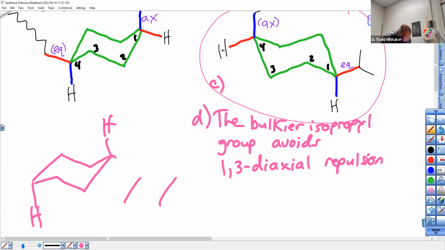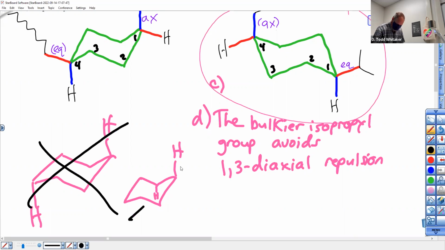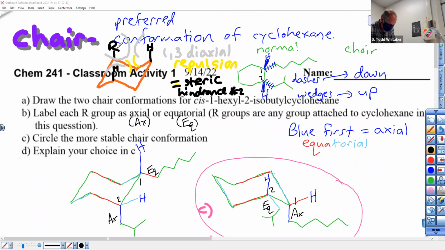That's not a bad thing. Are the equatorials in a bad situation if one is here and one is here? No, they're 180 degrees from each other. 1, 2 diaxial is not a thing. 1, 4 diaxial is not a thing. We talk about the 1, 3 picture because it occurs only when they're on carbons two away from each other.